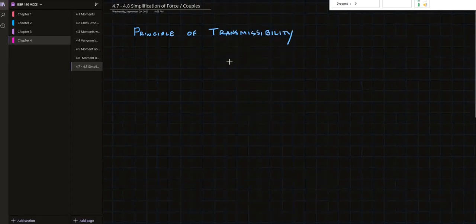Okay, in 4.7, we have something called the principle of transmissibility. Let's think of it like this. Suppose I have a bar here, and I apply a force over here, parallel with the bar.